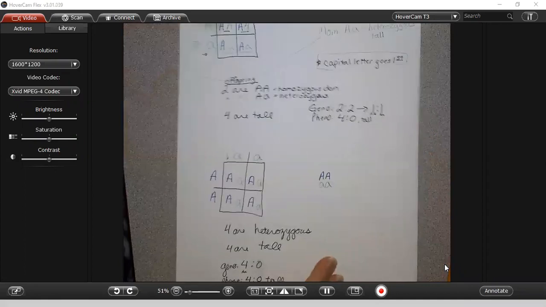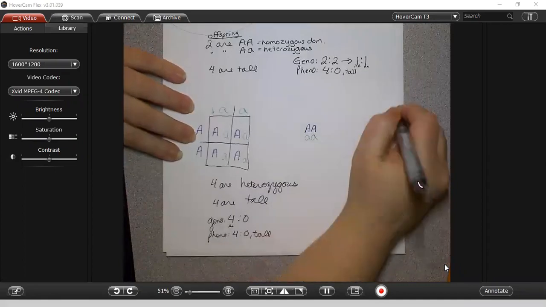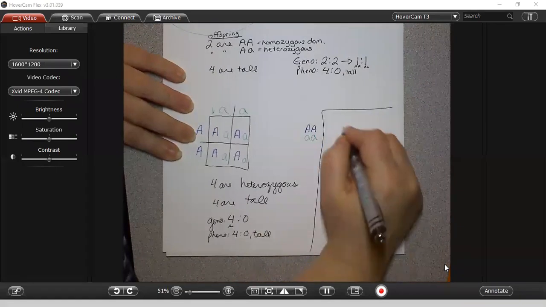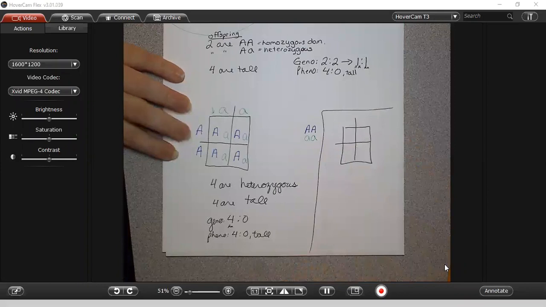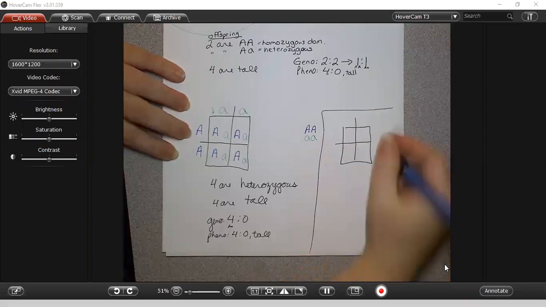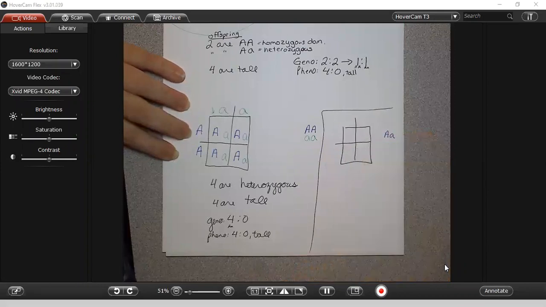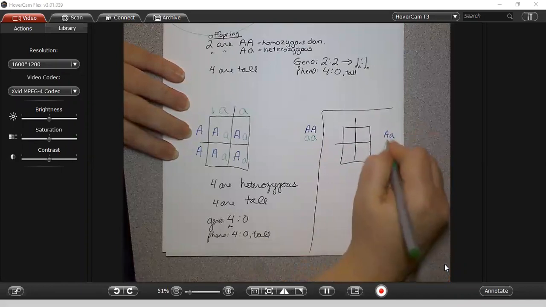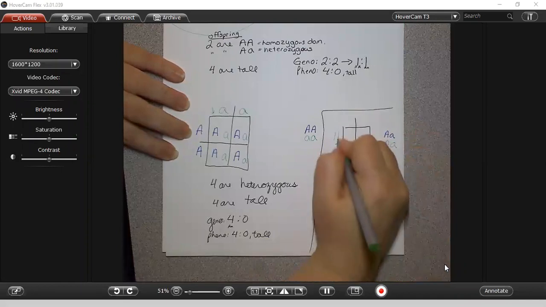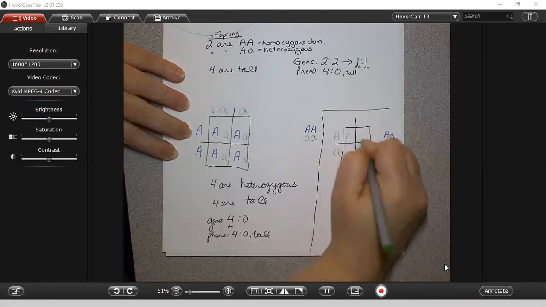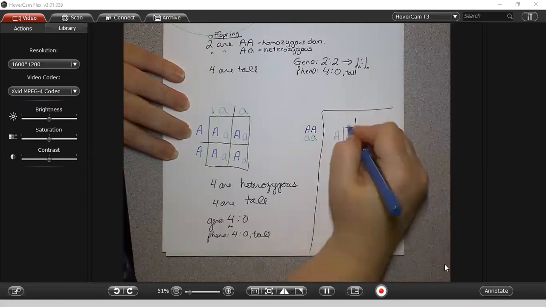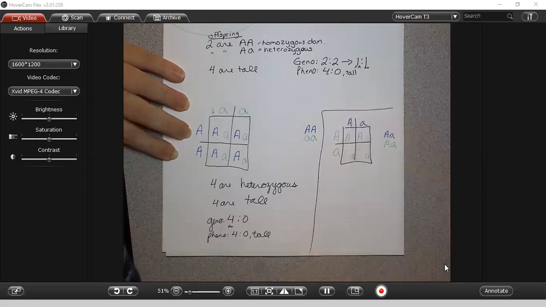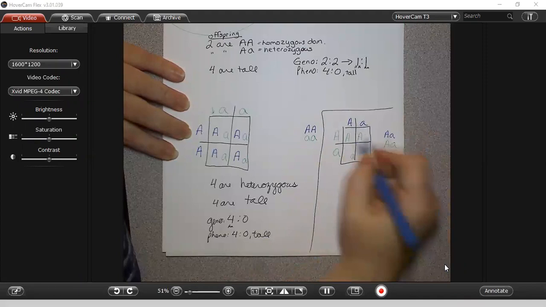When you start getting differences is when you start having things like this happen. So if mom and dad are both heterozygous, you put them on your square, top and side, carry them over.